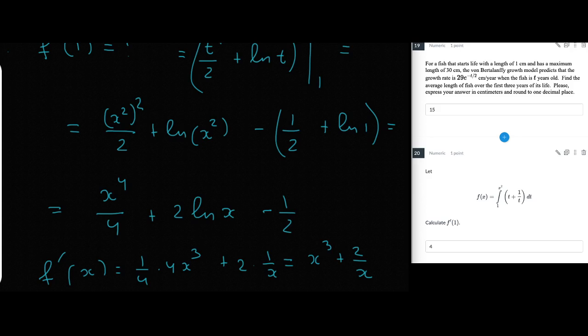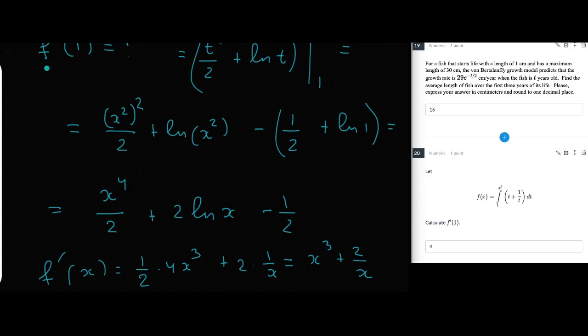I made another mistake. I was going a little bit fast. Here, when I substituted x squared for t, I should have gotten x to the 4th divided by 2, right? And so it's actually not 1/4 times 4x cubed, but 1/2. Sorry, small mistake here.